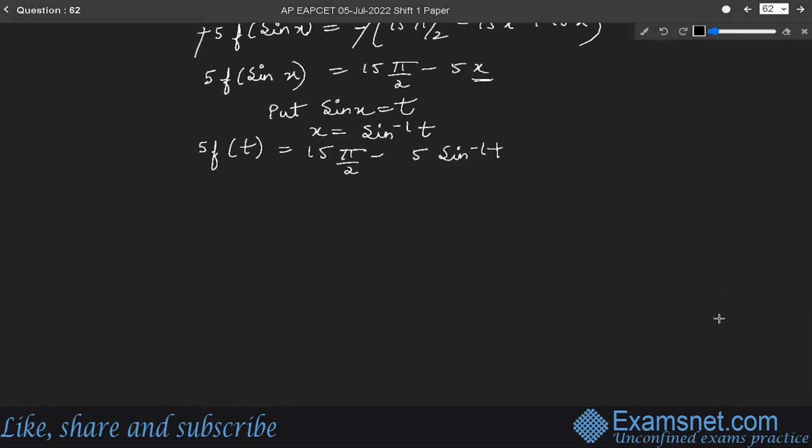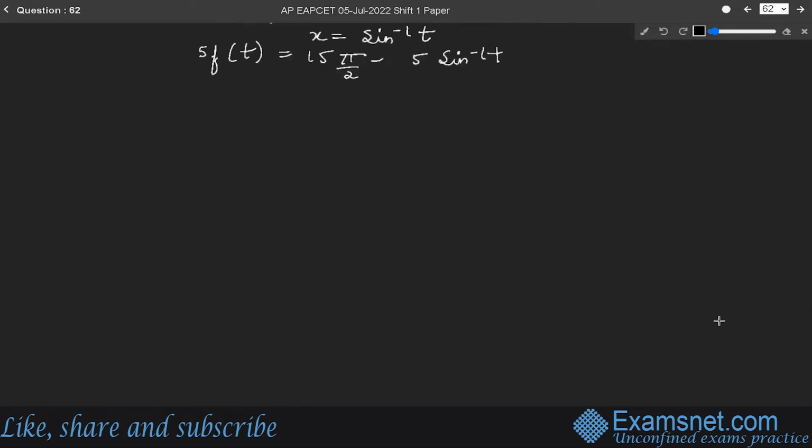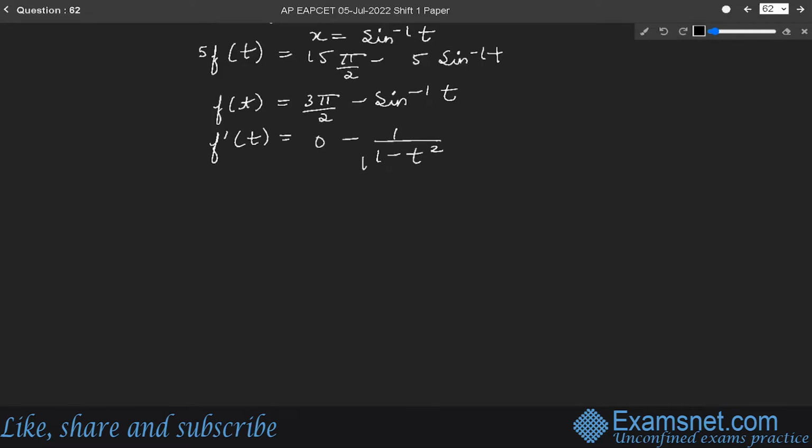Now, taking 5 common from the right hand side and the left hand side, the equation becomes f of t is equal to 3 pi by 2 minus sin inverse t. So f dash t will be equal to 0 minus 1 upon 1 minus t square, and it is under root.